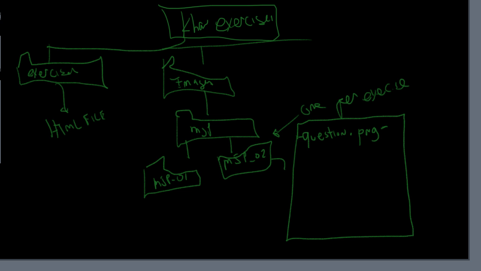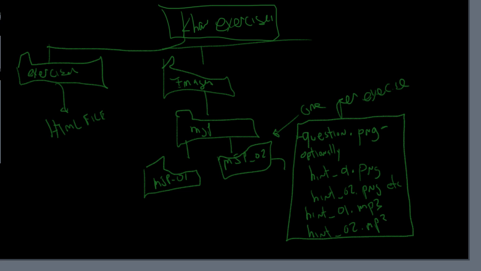However, you can then optionally have hint_01.png, hint_02.png, etc. And then you can have hint_01.mp3 and hint_02.mp3.